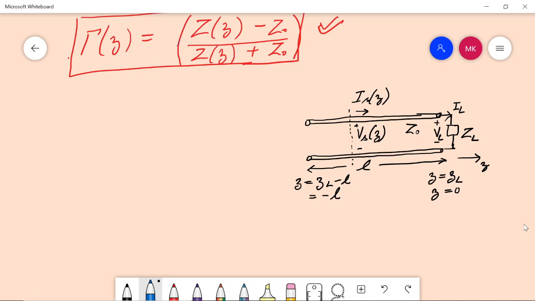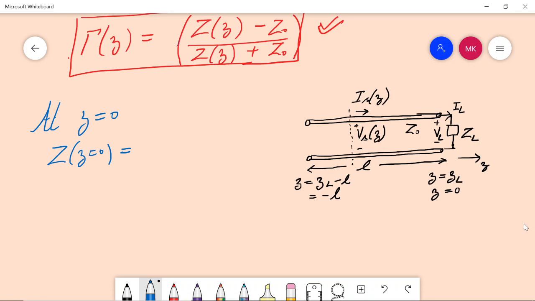So let's find out what the line impedance is at Z equals 0. We assumed that ZL is at this place, at Z equals 0. So the line impedance at Z equals 0 is simple, because the total voltage is VL and the total current is IL passing through ZL.